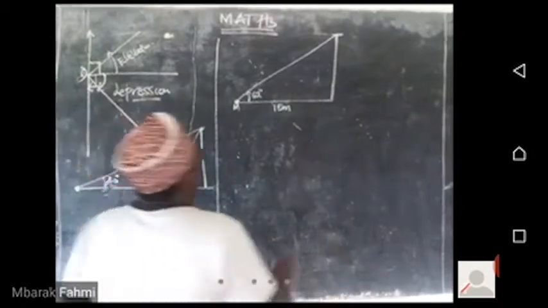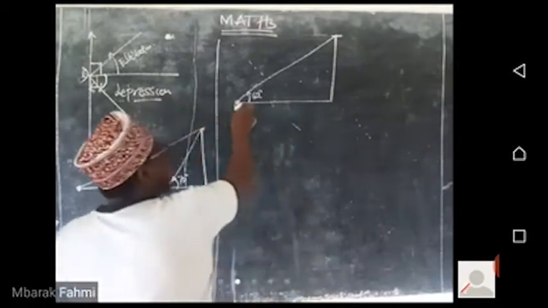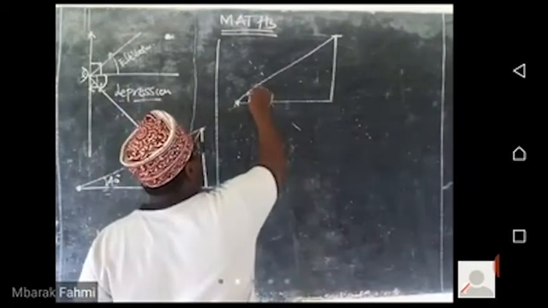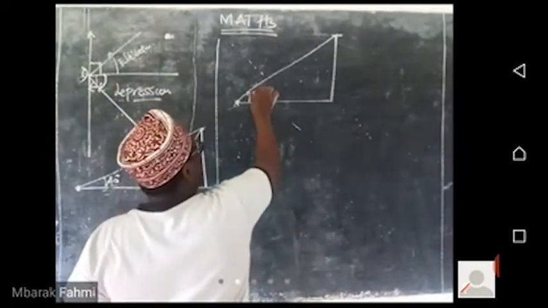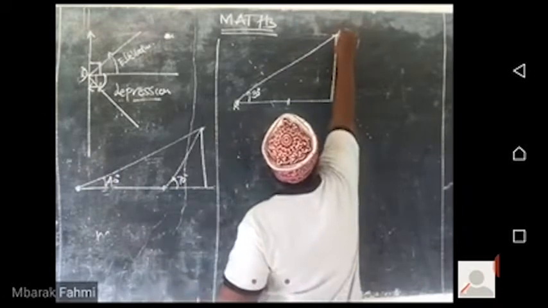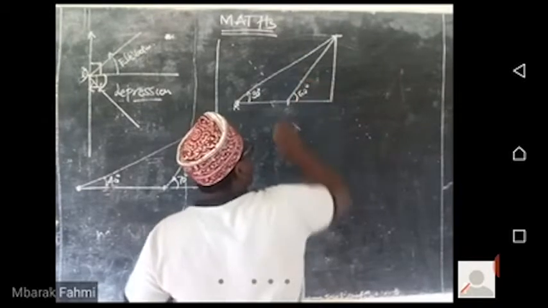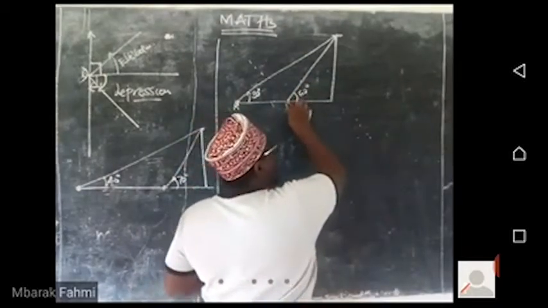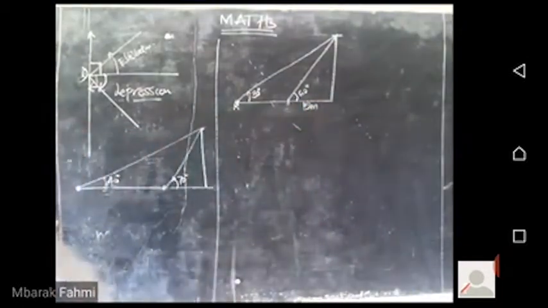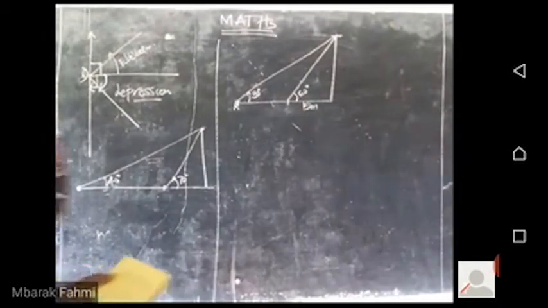So we can say Kiema is the one there at 30 degrees, and then Mwenda is at 62 degrees, and the distance from Mwenda to the tower is 15 meters.